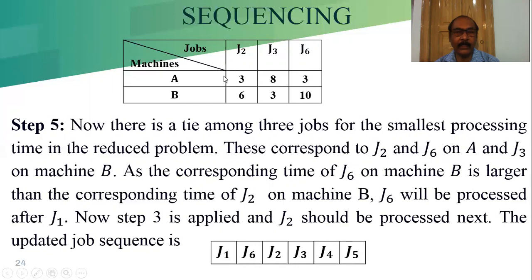If we compare this time and this time, 10 is greater than 6, then the corresponding time of J2 on machine B. So J6 will be processed after J1. Now step 3 is applied and J2 should be processed next. So the updated job sequence is like that: J2, J3.